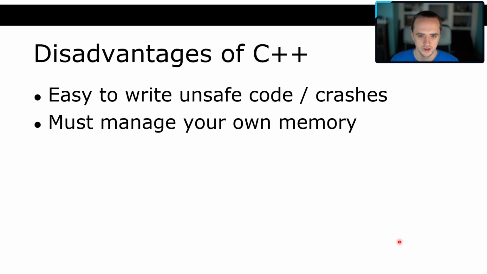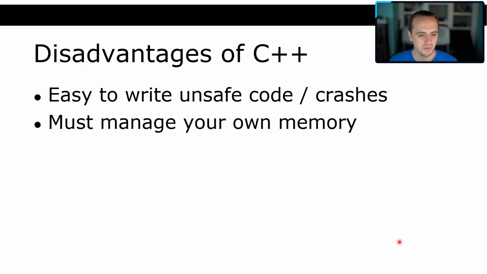So the analogy of C++ that I like to use is that it's almost like driving a Formula 1 car to go get milk, if you have to go to the store, right? It's kind of easy to crash the car, but if you do it correctly, you can get milk really, really fast.